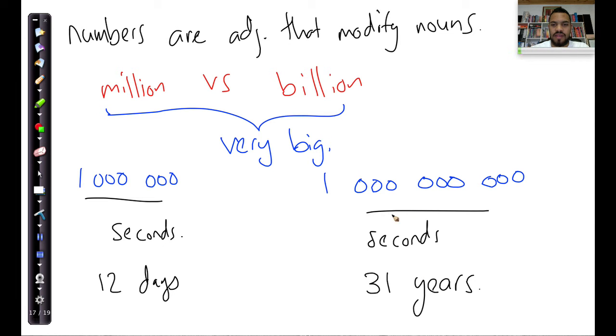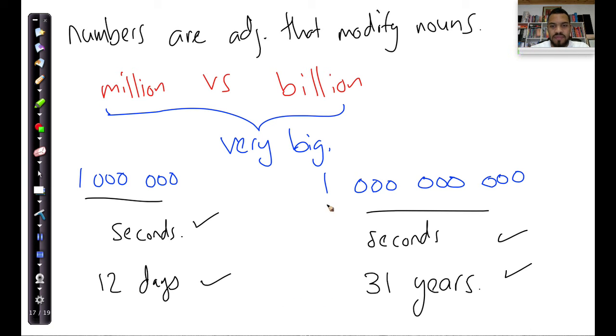So sometimes a million and a billion may be easy to confuse, and you may not be sure which one is bigger. But when you're quantifying the same aspect or the same noun, like we've done in this example, we took seconds and said a million seconds is roughly 12 days, but a billion seconds is roughly 31 years. It's very unlikely that you'd be confusing 12 days with 31 years.